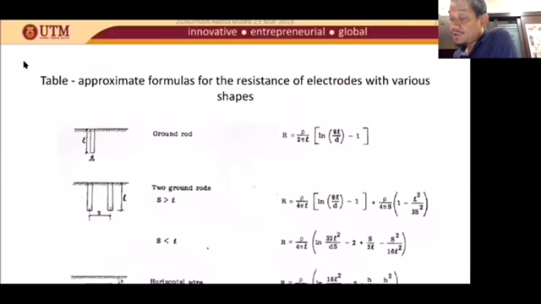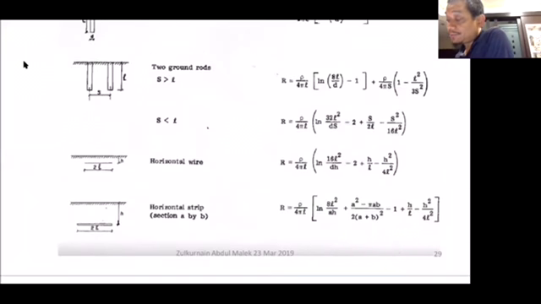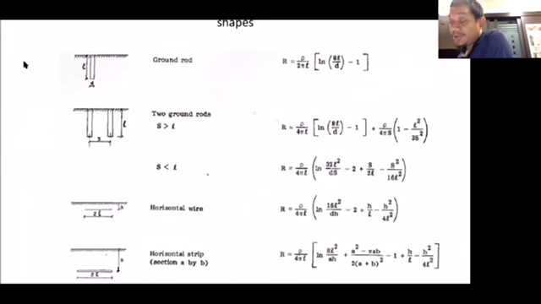Okay, if it's horizontal, I think the formula is the fourth one there. Horizontal strip. No, the third one. Okay, so you can see this is for vertical, this is for horizontal. All right.